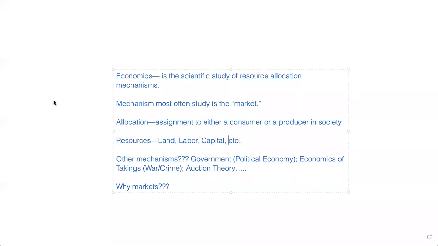I was going to say, because it's not the only way to assign resources, right? One of the big alternatives is at the front here, which is we could just have the government assign. Do you have a car, Alondra? Yeah, I do. So the government could assign you a car. The government could assign you a house.